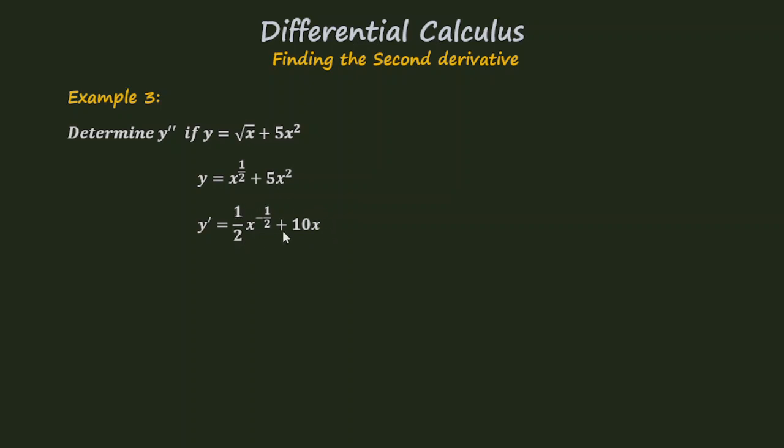Then we apply the general rule for differentiation on the derivative to find the second derivative. That gives us minus 1 quarter x to the exponent minus 3 over 2, plus 10.